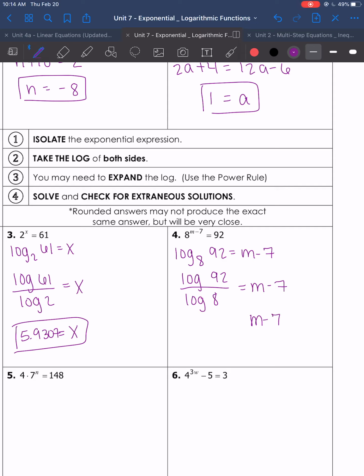So m minus 7 equals 2.1745, and then add 7. So m equals 9.1745.